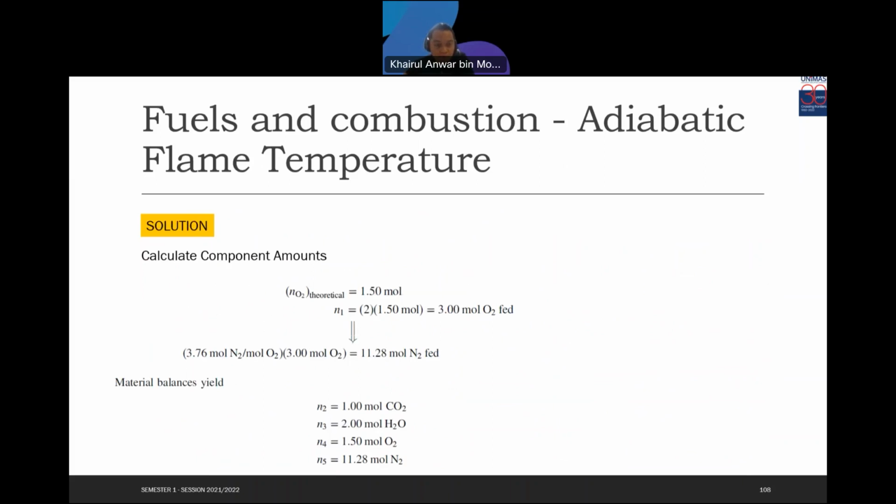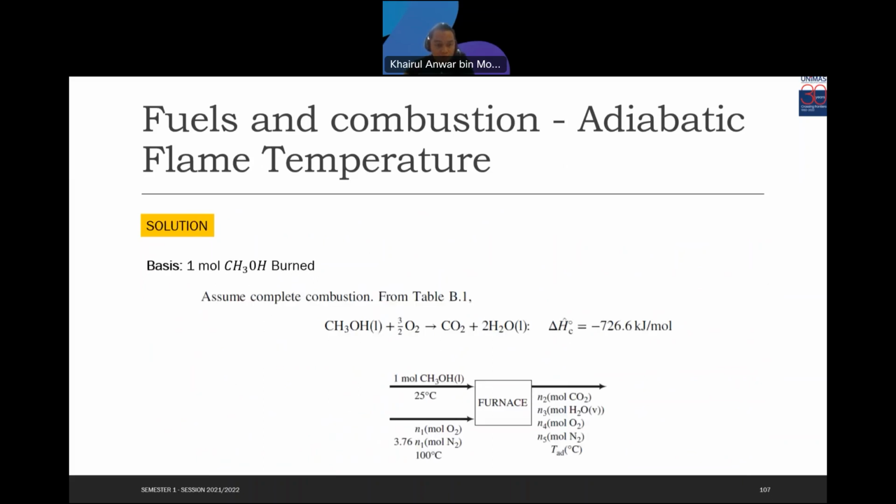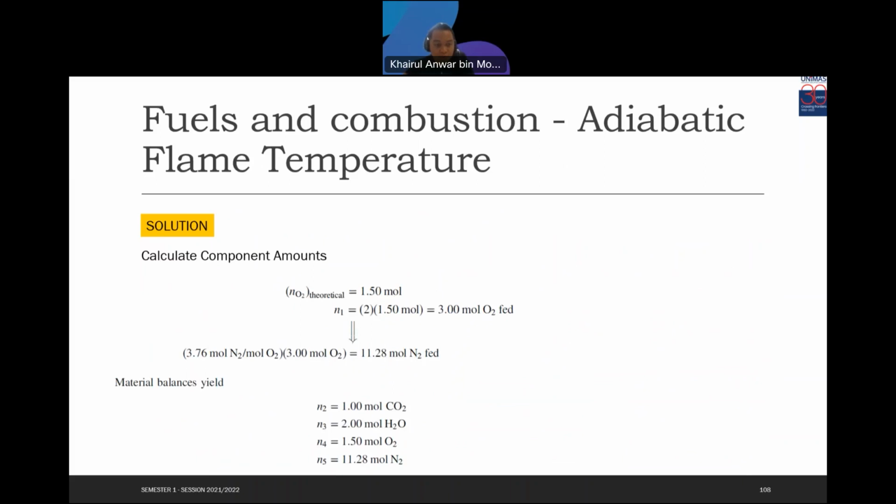And 3.76 mole N2 per mole of oxygen, times 3 mole oxygen, equal to 11.28 mole nitrogen fed. Material balance yields n1 equal to 1 mole CO2, n2 equal to 2 mole H2O, n3 equal to 1.5 mole oxygen, and n4 equal to 11.28 mole nitrogen.